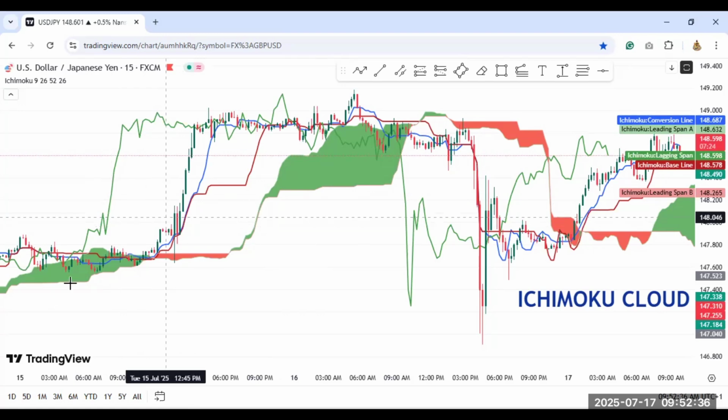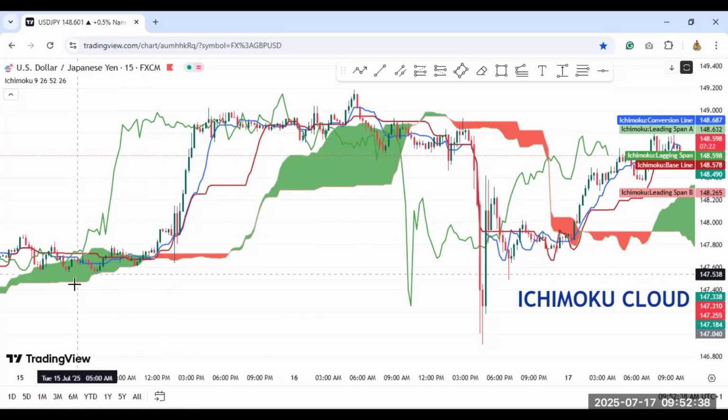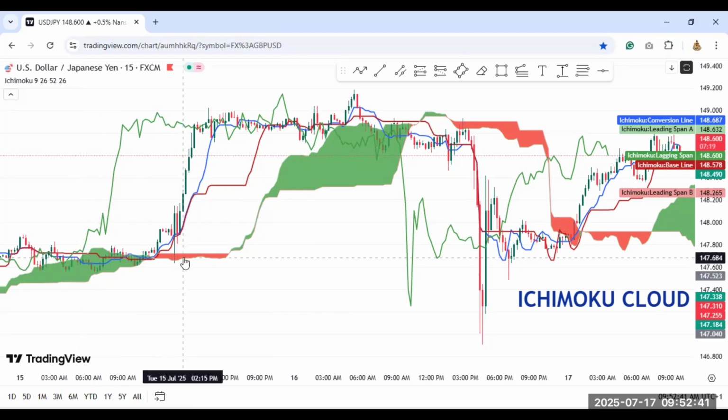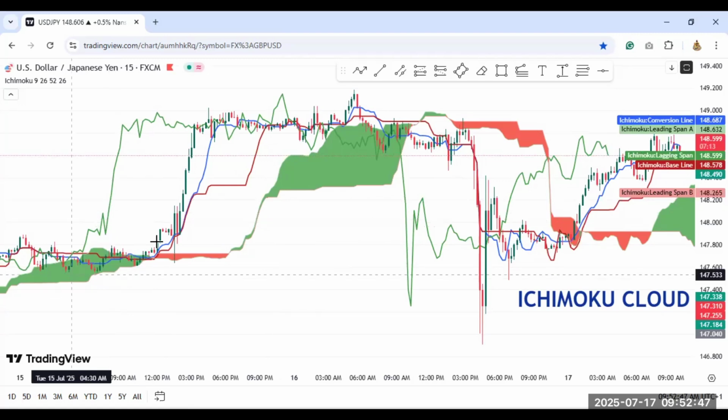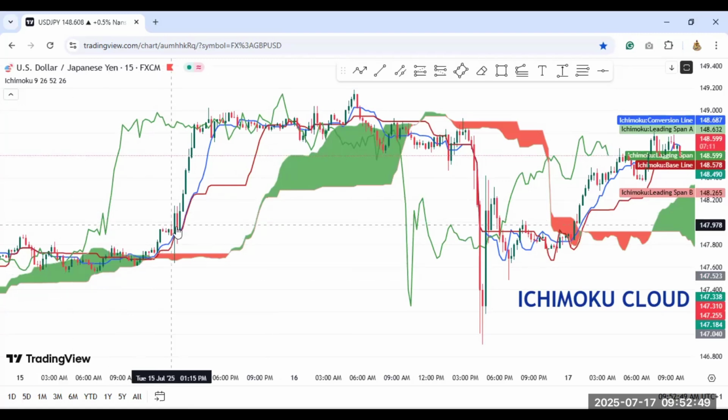This is the cloud right now, and this is the cloud as well. We can see that the green line, the lagging indicator, is above this cloud and at the same time above the price. So we now take note of the second point.